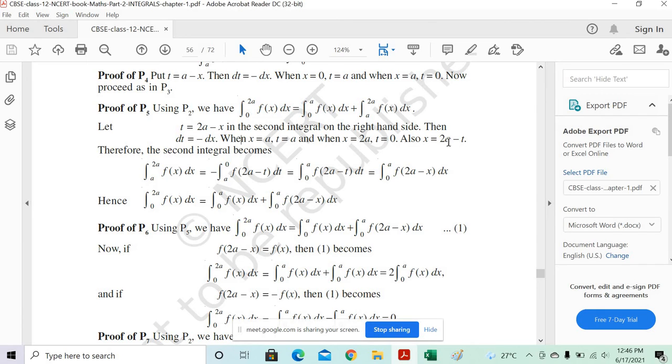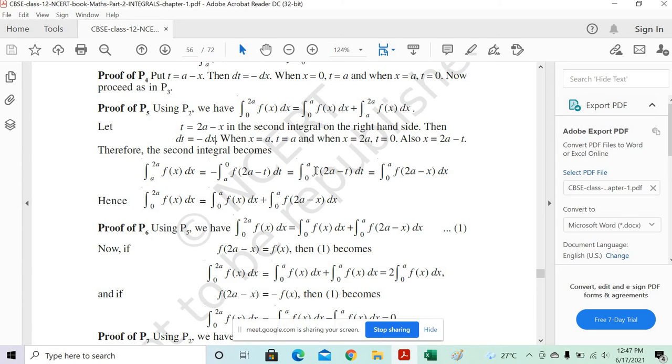Then you substitute the limits, and the integral from 0 to 2a can be represented as minus the integral from a to 0 of f of 2a minus t dt. Just like we did for the previous one, dt is minus dx, so the limit gets changed. The minus gets changed and it becomes plus the integral from 0 to a of f of 2a minus t dt, correct?